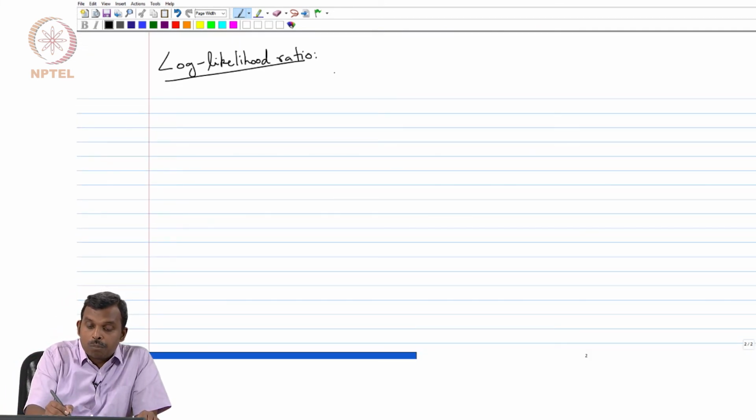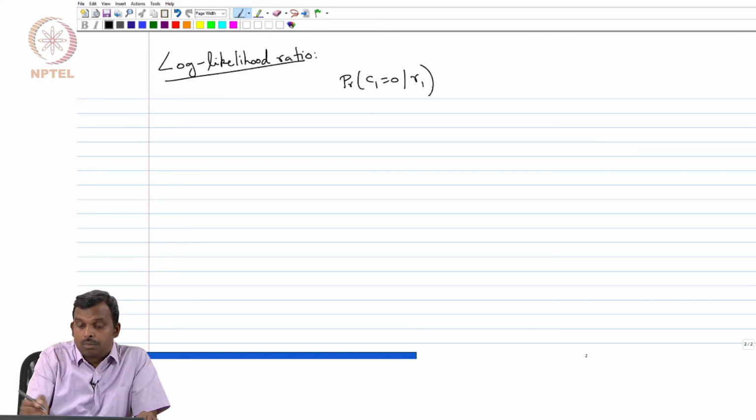So this is how log likelihood ratio is defined. Supposing I want to ask this question: the probability that C1 equals 0 given R1.